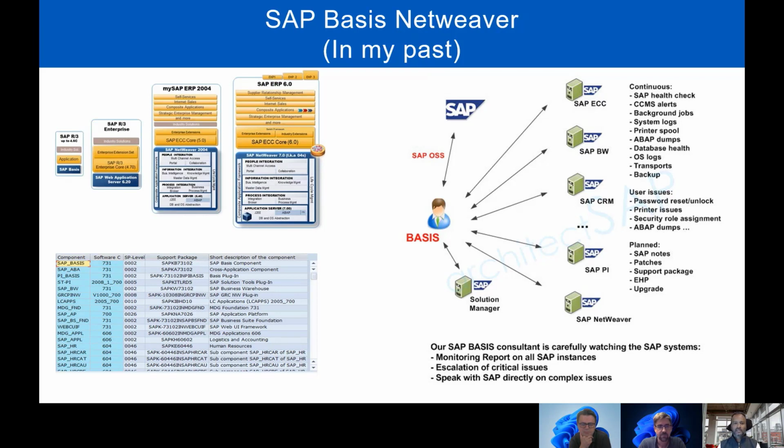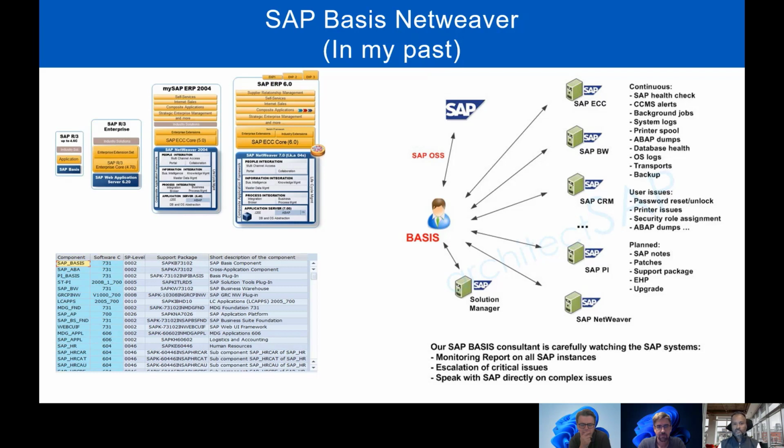These are just some examples. And with Solution Manager being a pivotal part of the landscape from a monitoring perspective, a lot of these manual activities that they used to do in the past have now been automated and integrated into Solution Manager.